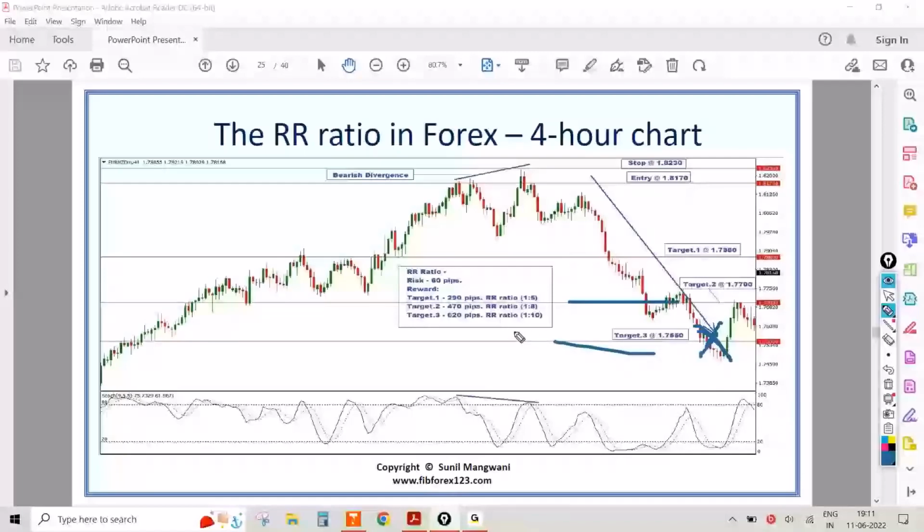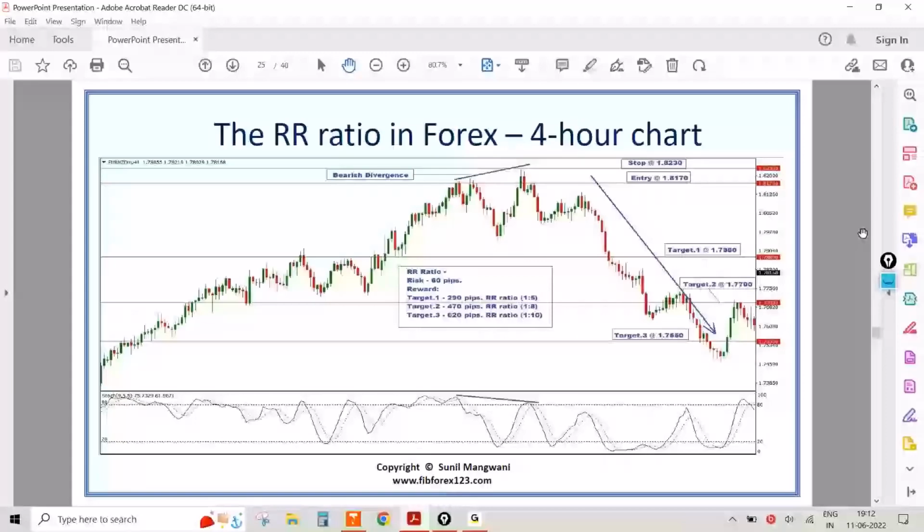My target 3 had a risk to reward ratio of 1:10, which is phenomenal. The advantage of trading Forex is that it trends, and once price starts moving in a direction, it can give you huge moves. But this is just another point, right? So on a 4-hour chart, on a longer term time frame, I have much more than the 1:2 that I aimed for.